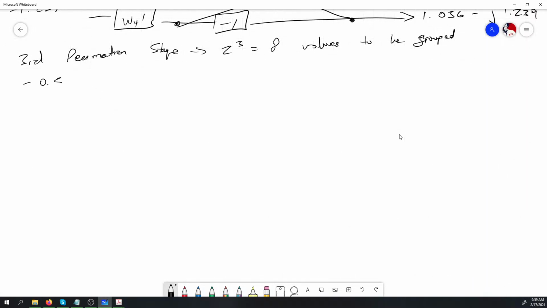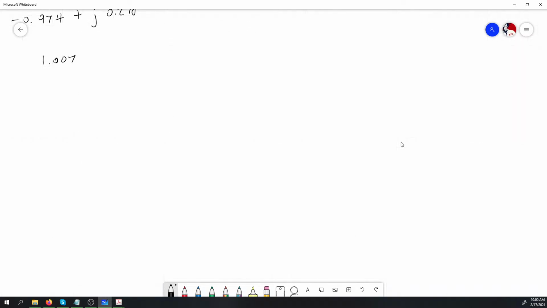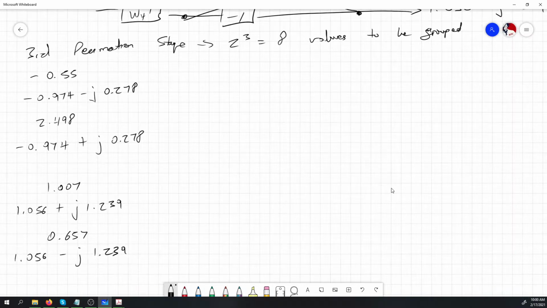So that's going to be 0.55, minus 0.974 minus j 0.278, 2.498, minus 0.974 plus j 0.278, 1.056, plus j into 1.239, 0.657, and 1.056 minus j into 1.239. Alright, so that's the setup for the third decimation stage.